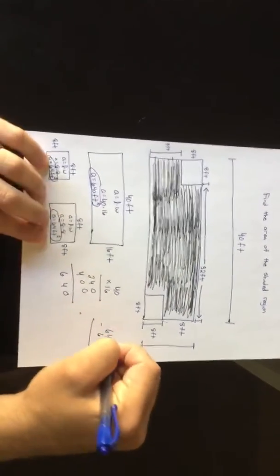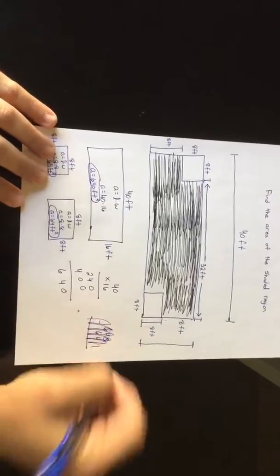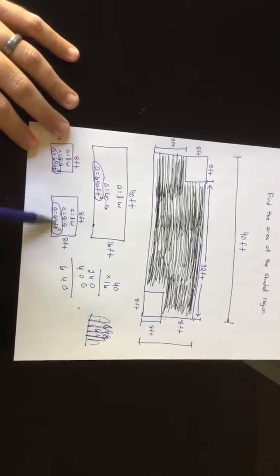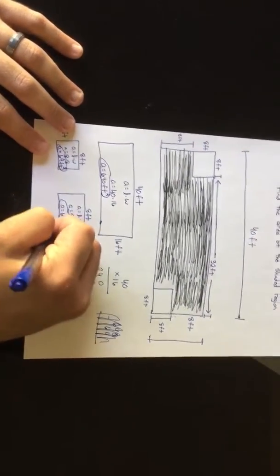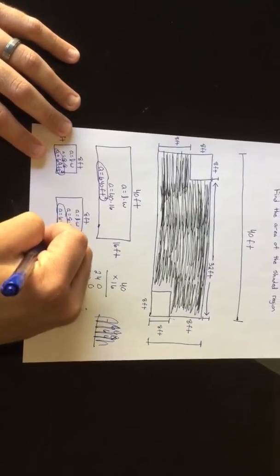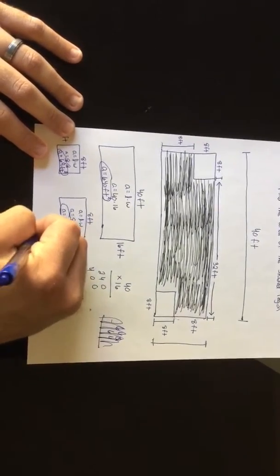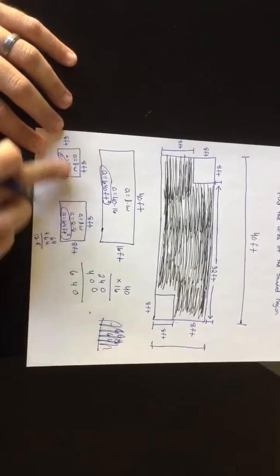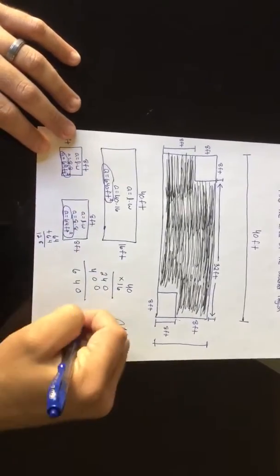I can add 64 plus 64, and that should give you 128. So the area of the unshaded is 128.